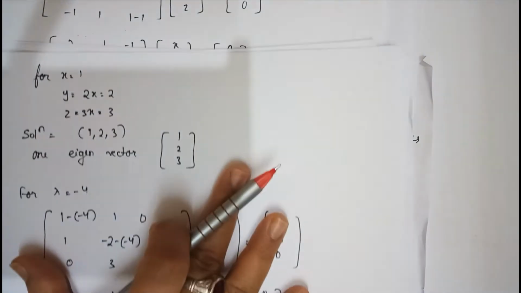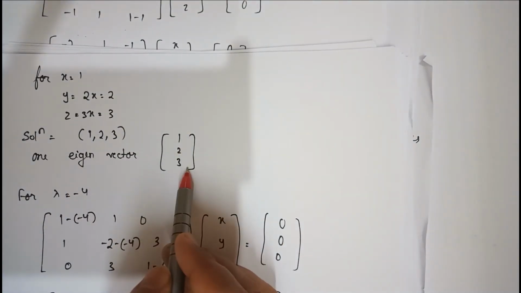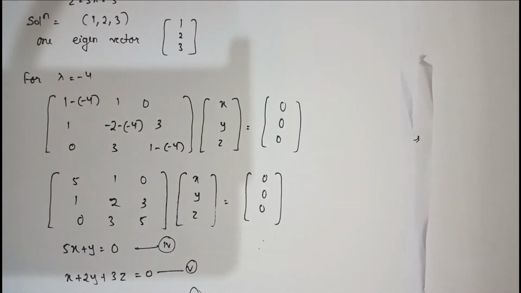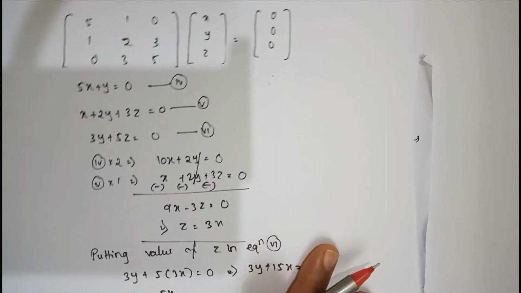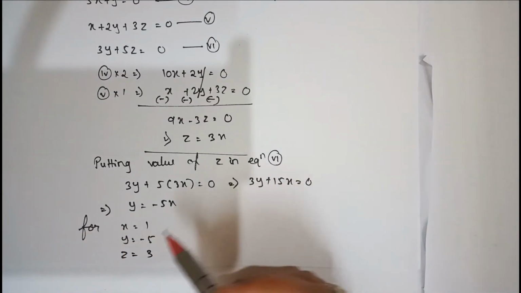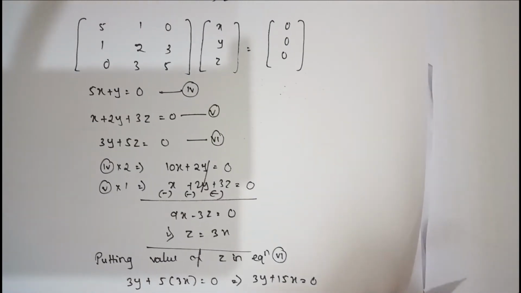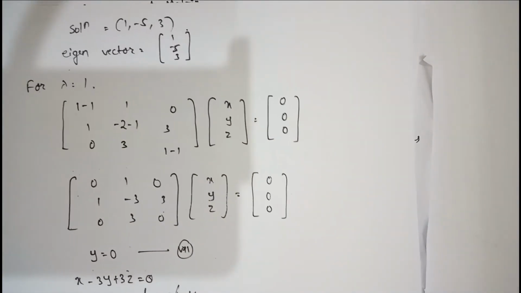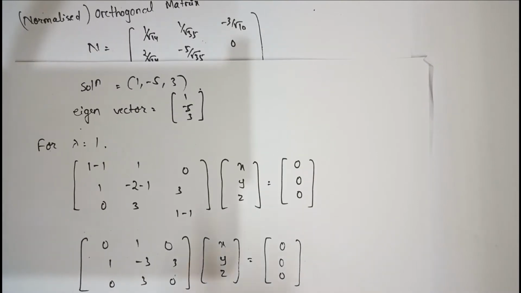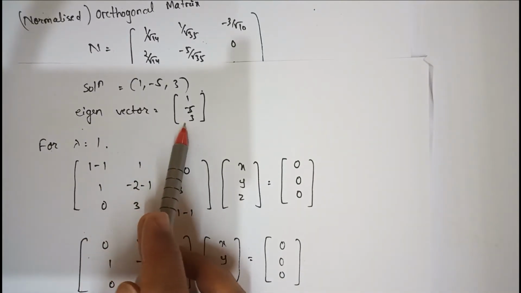I can find one of the solutions, 1 2 3. This is one eigenvector. Likewise I substituted the another eigenvalue and found the second eigenvector, 1 minus 5 3. So this is the solution, the second eigenvector.